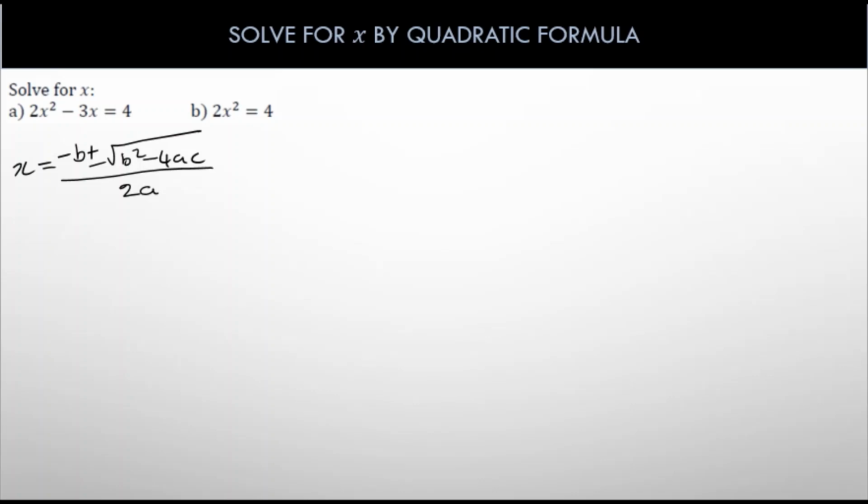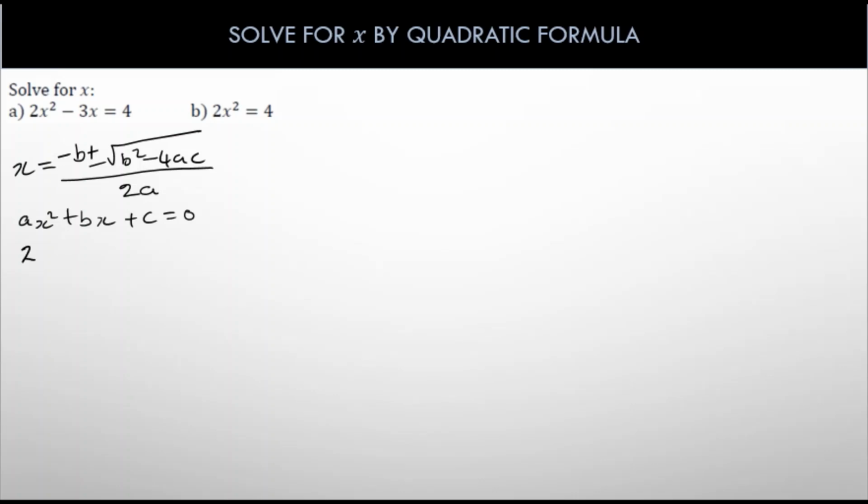So we have to solve for x here, and we have 2x squared minus 3x is equal to 4. And the key here is to write your equation in standard form. Remember, standard form is ax squared plus bx plus c is equal to 0. So what we have to do here is take 4 to the other side.